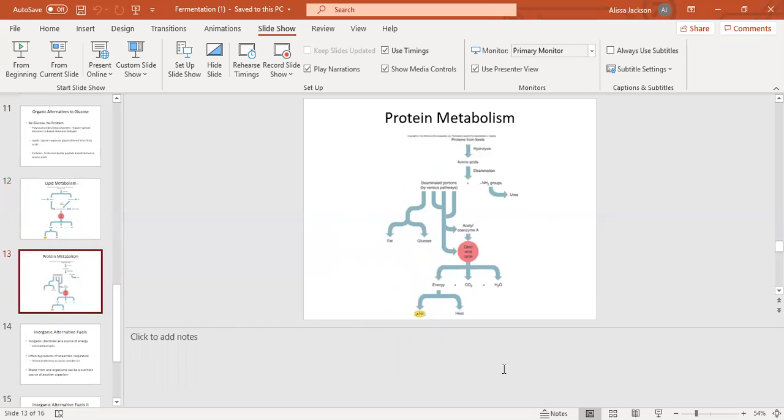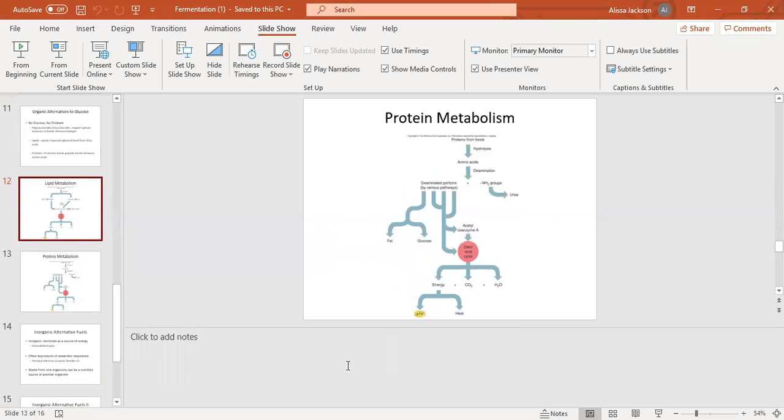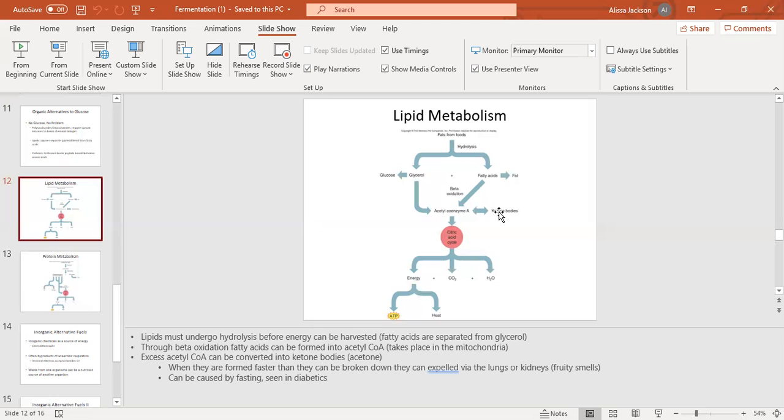Oh, and if you have a buildup of acetyl-CoA because you have a lot of fatty acids, then they can get converted into ketone bodies. And that's what you hear about with diabetics, ketoacidosis, because they have a buildup of these ketone bodies that decrease the pH.